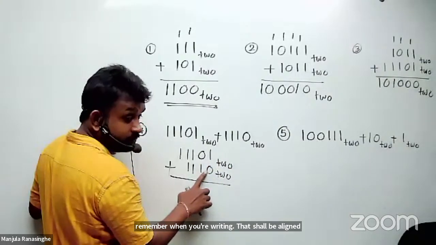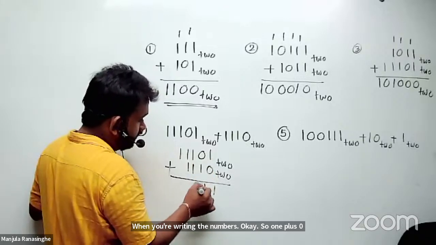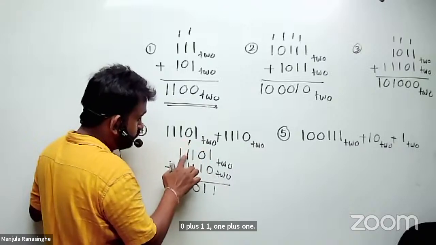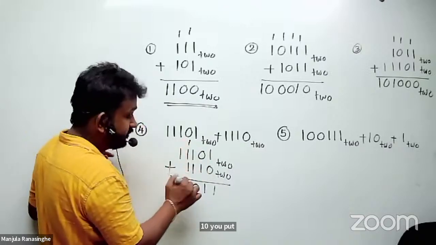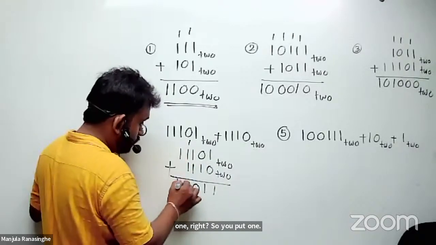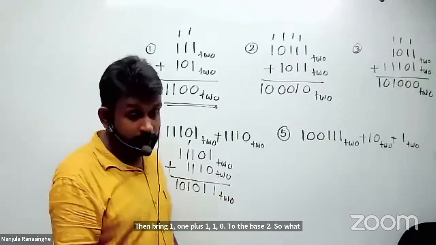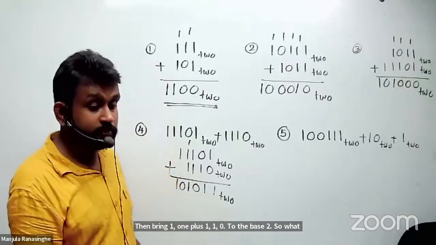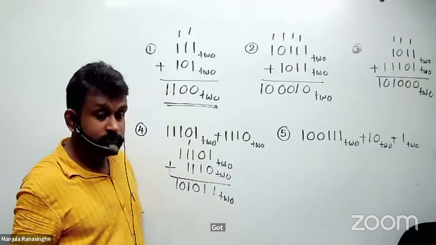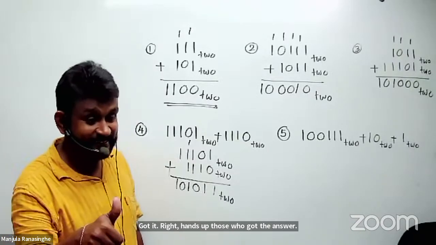So 1 plus 0 is 1, 0 plus 1 is 1, 1 plus 1 is 10, you put 0, 1 remaining, 1 plus 1 plus 1 is 11, right? So you put 1, then bring 1, 1 plus 1 is 10 to the base 2. So what is the answer? 101011. Got it? Right. Hands up those who got the answer. Okay. Well done, Himaya.